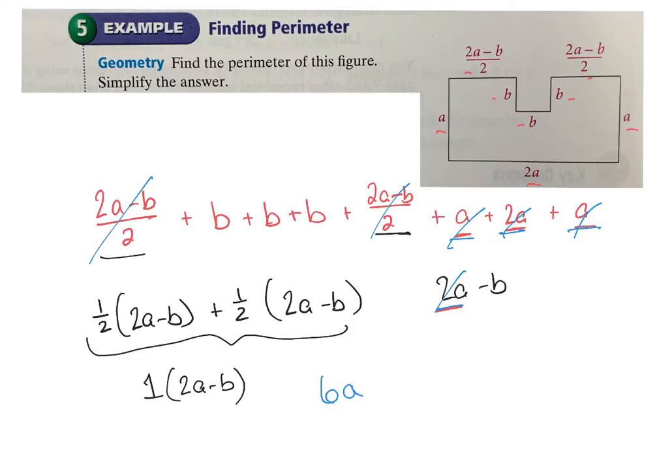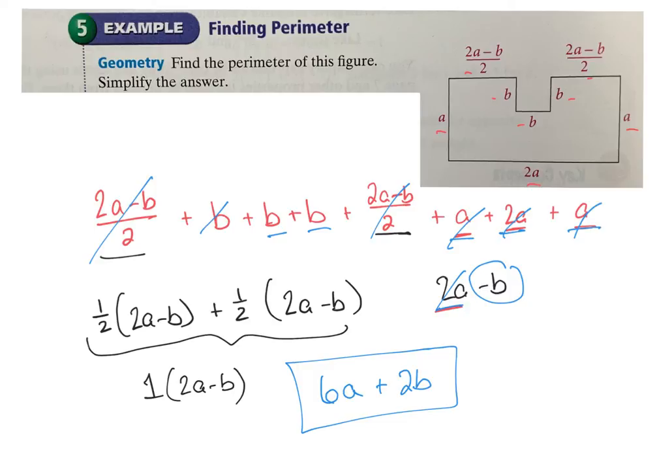And these I've already taken care of with this guy. I have a negative B plus B, that's 0. And then I have another B here, so that's 1, 2 B's. And so that would be how it looks simplified: 6A plus 2B. You literally just add them all up, okay? If there's a negative, it's a -1, right? That's all you're doing here. You're just adding and subtracting your like terms.